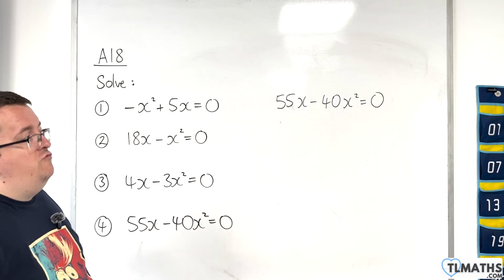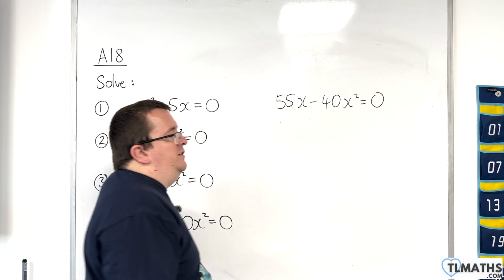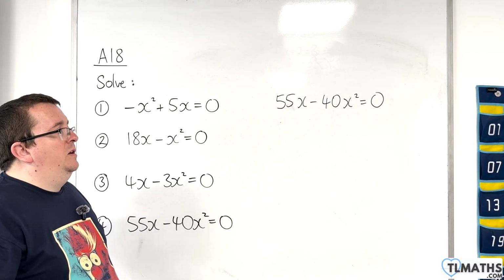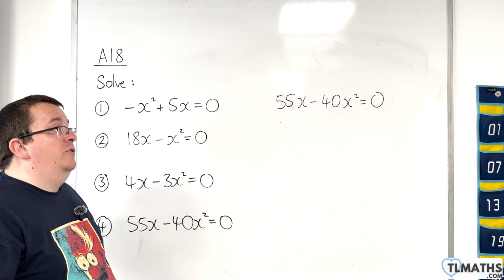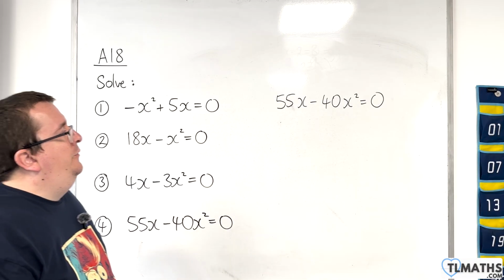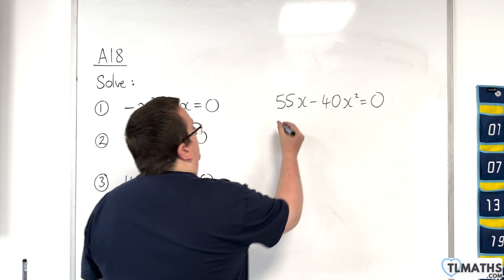I would want you really, first of all, checking 55 and 40, do they have any common factors? And of course, yes, they do. Both of them have 5 as a factor, or both are divisible by 5. So we're going to divide through by 5 first. That would be the logical first step.